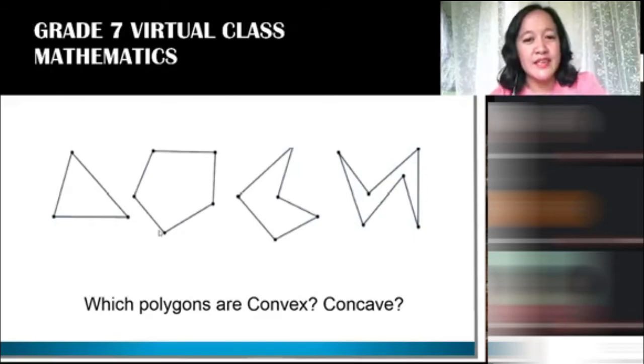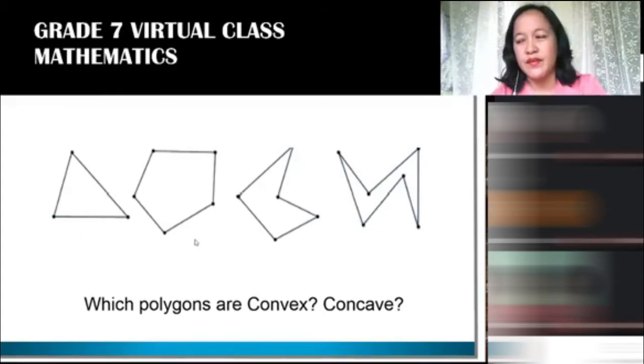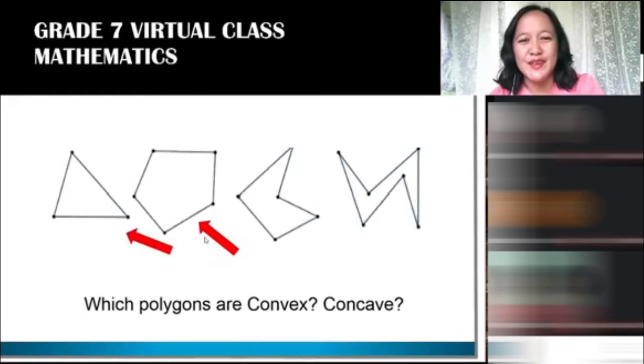Etong unang dalawa, is it convex or concave? What do you think, Vixen? Is it convex or concave, our first 2 figures? Convex. Convex? Very good. Convex siya.